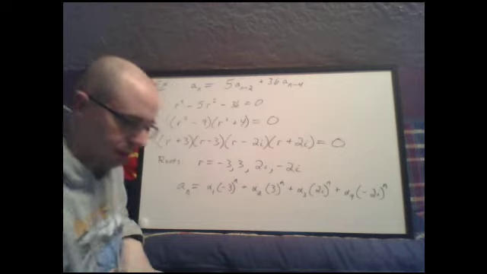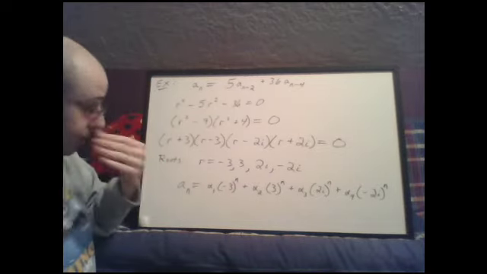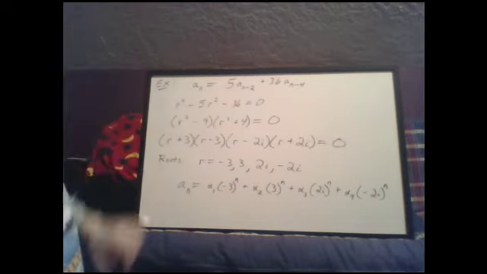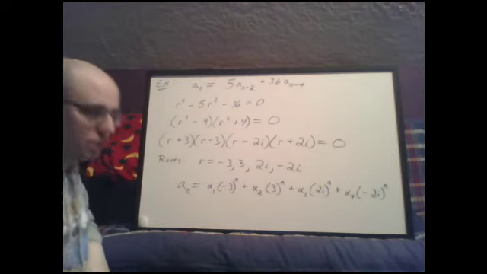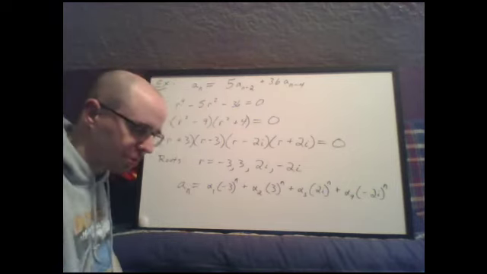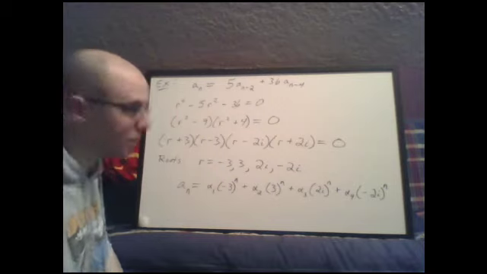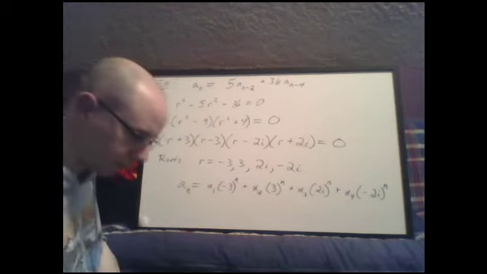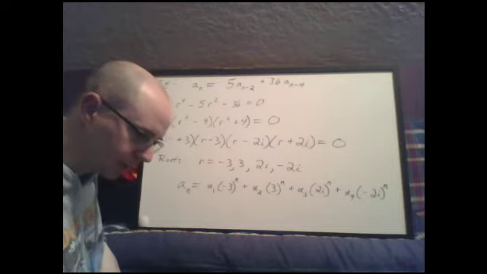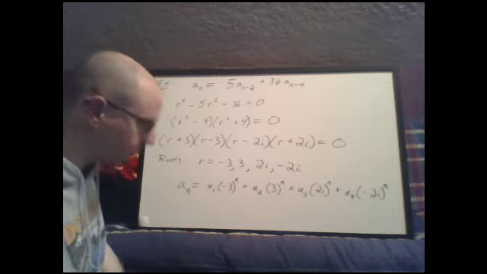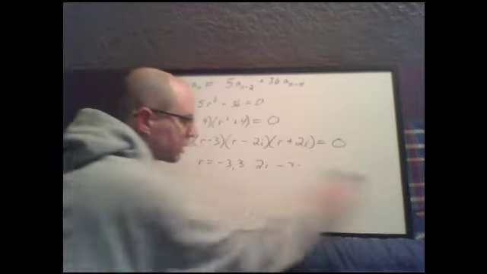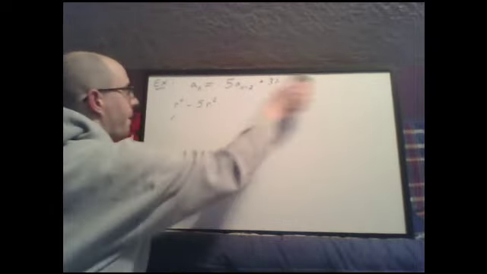Okay, so this was simple. It had slightly harder factoring involved, but it's still a relatively simple example. I need to do one, though, that illustrates the more complicated multiplicity stuff. And that gets trickier to come up with examples. So let me just do it like this. I'm not going to tell you what the recurrence is.